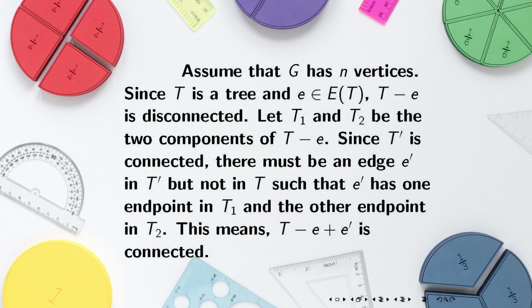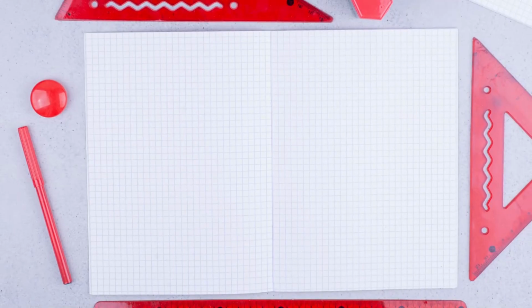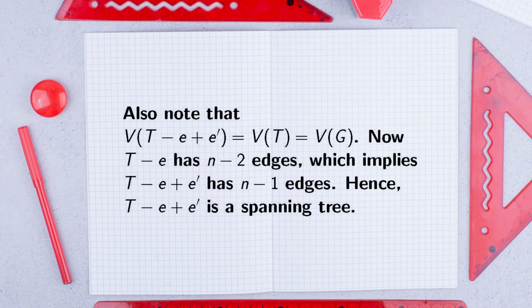Now, this means T minus E plus E dash is connected. We have shown that it is connected, and T minus E plus E dash has the same vertex set as T, which is the same vertex set as G. So T minus E plus E dash is a spanning subgraph of G. And because T is a tree, T has n minus 1 edges and therefore T minus E has n minus 2 edges.